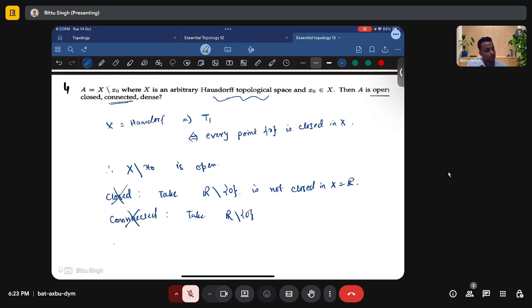What about density? So in this example, R minus 0 will be dense. The closure of R minus 0 will be R. But this may not be true in the general case. Take X equal to any discrete topological space, R with discrete topology.